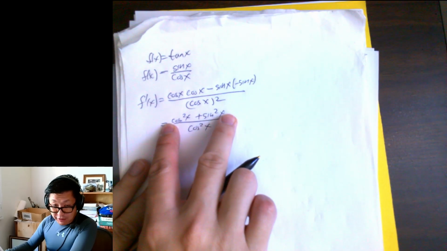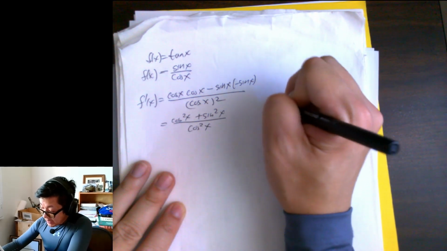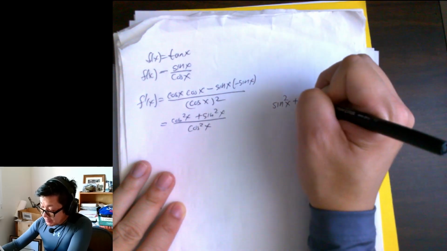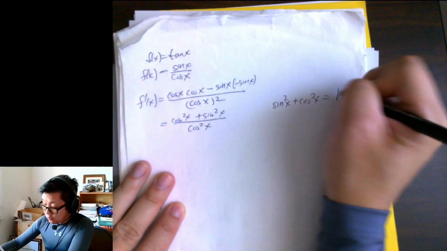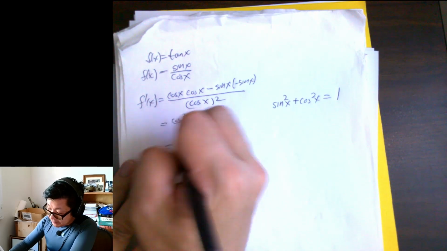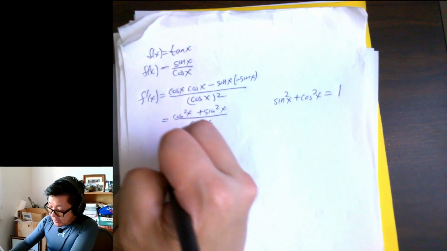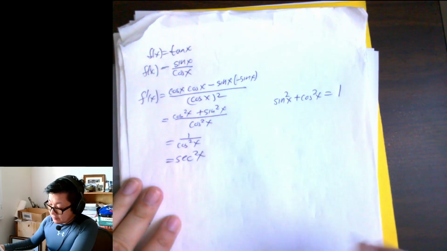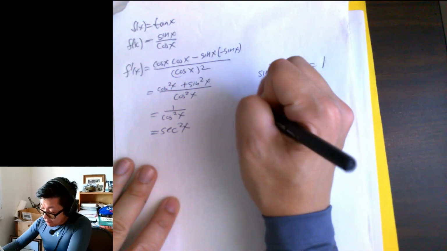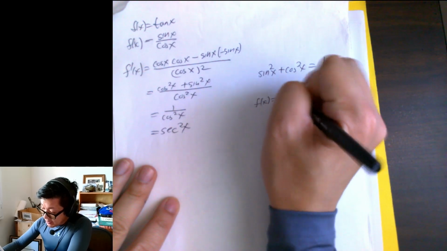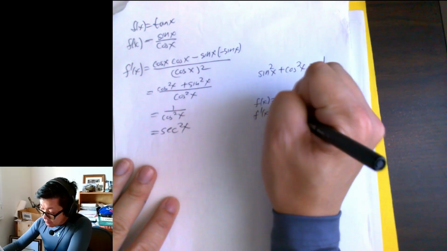Remember, again, trig identities. We have a Pythagorean identity that says sine squared plus cosine squared is 1. We replace that with a 1, and then rewrite 1 over cosine squared as secant squared. So in other words, if your function is tangent x, the derivative is secant squared x.